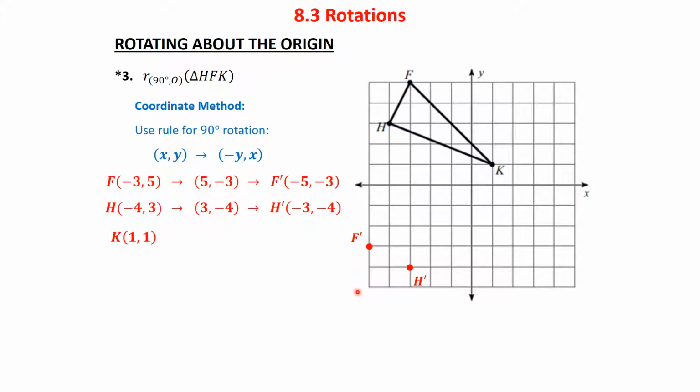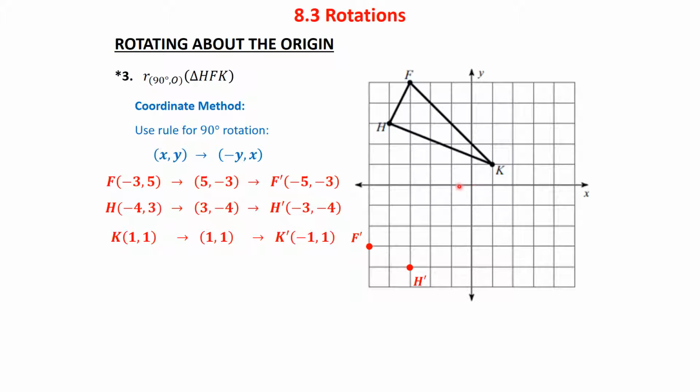And very last, we can do the exact same thing for point K. Again, notice that point K exists at 1, 1. So here's my point K. And like we saw in some of the examples before, when I take 1, 1, by coincidence, they're the same number, so I am going to just switch their order. It still looks like 1, 1, but our last step is to multiply by a negative 1 in the front coordinate. So I get my final point K prime is going to be at negative 1, comma 1.